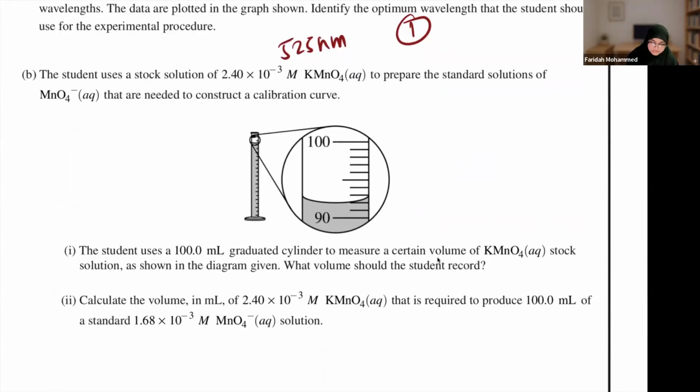Sharvari. This is the meniscus that I was talking about. This is where you start to read. Okay, Sharvari, read. What's your answer for 1? I said 90.20 milliliters. Wait, you sure? This is 90, this is 100.